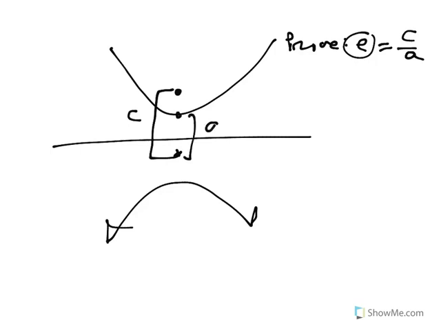A is the distance from the center to the vertex. That makes this little piece over here C minus A. The distance from the center to the directrix I'll call D, and that makes this little piece here A minus D.